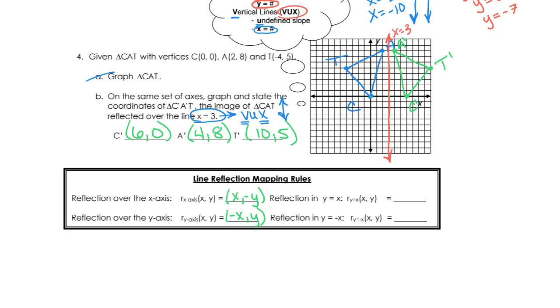When you reflect over the line y equals x, it changes the coordinates, so y comes first and x comes second. And we didn't do this one, and you don't see it a whole lot. It's very rare in our course. But if you reflect over y equals negative x, it negates the coordinates and switches them, so it'd be (negative y, negative x). I wouldn't focus on that one so much as I would focus on these ones.